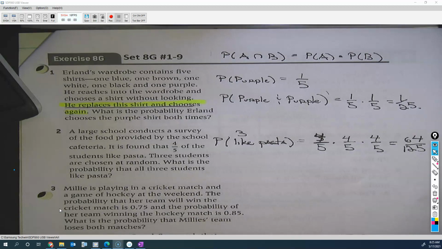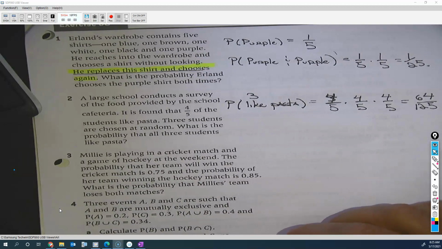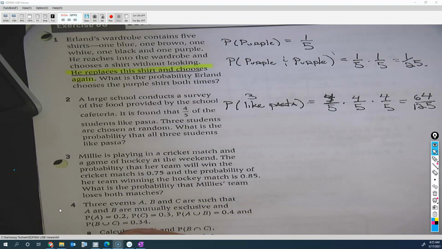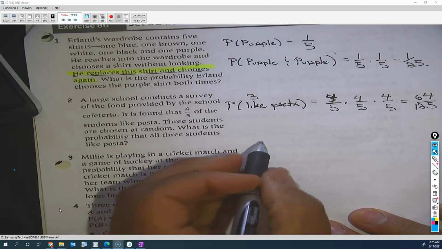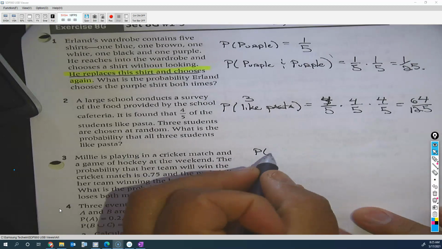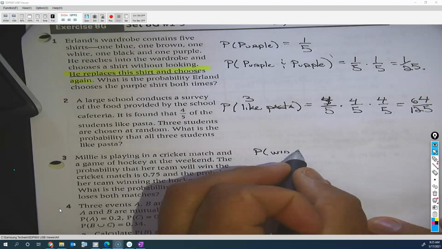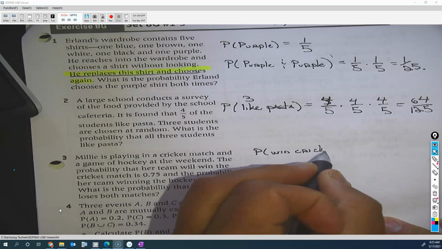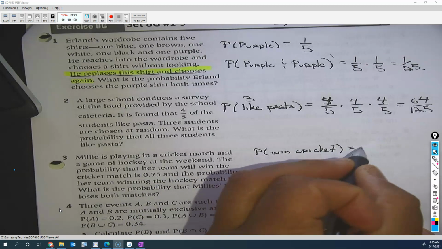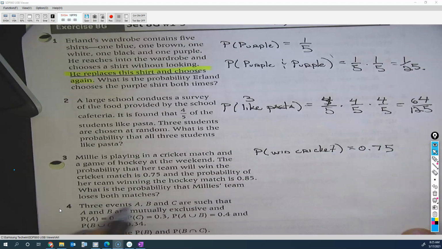All right. Millie is playing a game of cricket and a game of hockey on the weekend. The probability that her team will win cricket is 0.75. So probability of winning at cricket equals 0.75. All right.